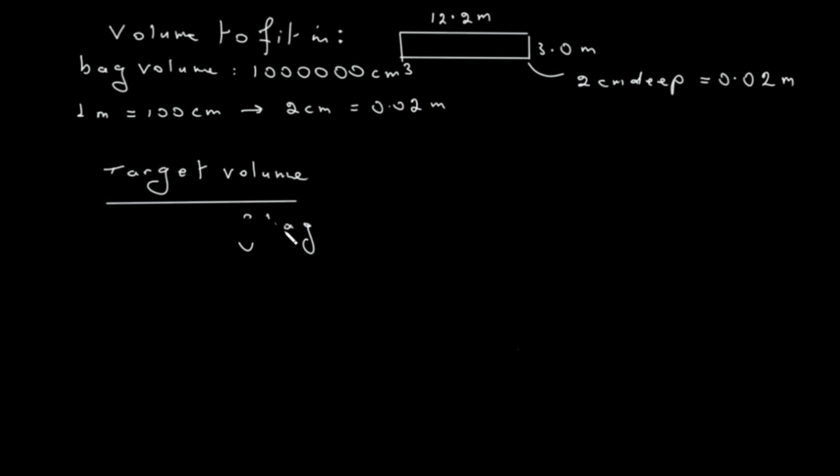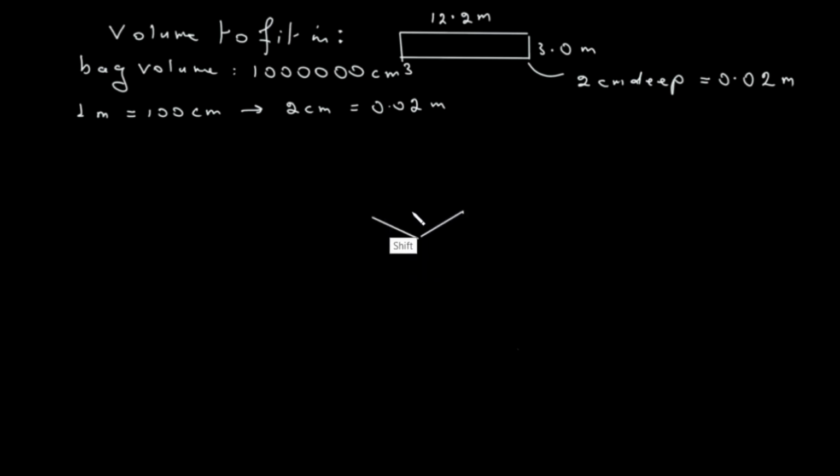So we need, again, to make sure that all the units of measurement are the same. The bag again is given in centimeters, but we're working in meters. So let's look. Cubic centimeters. How many cubic centimeters are there in 1 meter? Well, let's do a rough sketch to make sure we're thinking on the right lines.